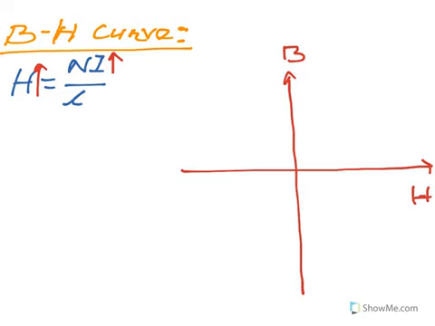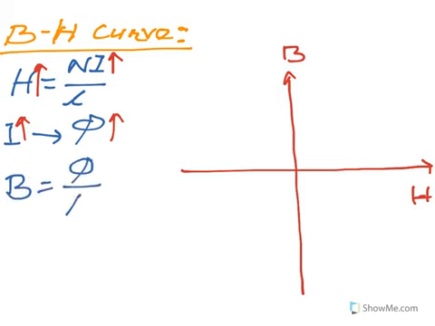Increasing current increases the flux lines, and we know the flux density is the flux by area, so with the increase of phi, the flux density also increases. So with increasing I, the magnetizing force increases, the flux lines increase, and the flux density increases.